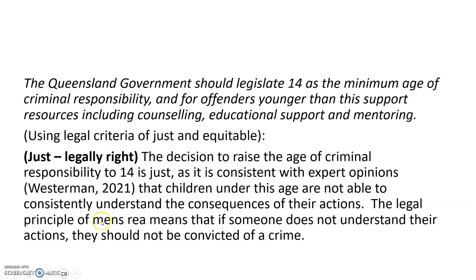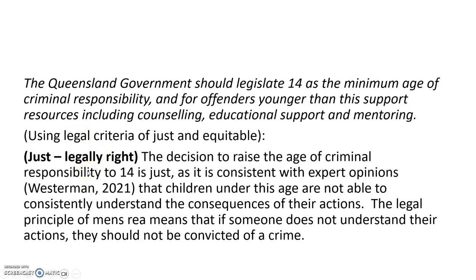So I've linked it to the legal principle of mens rea, so people have to have an awareness, an insight, into the fact they're committing a crime. The legal principle of mens rea means that if someone does not understand their actions, they should not be convicted of a crime. So there you go. I've said this is legally right because young people don't understand the consequences of their actions, and that means that if someone doesn't understand their actions, they should not be convicted of a crime.